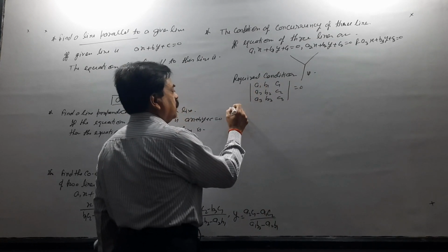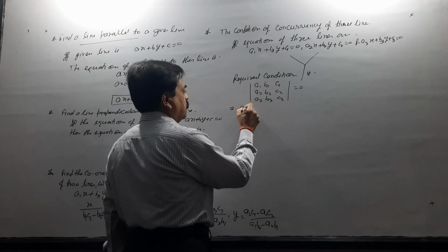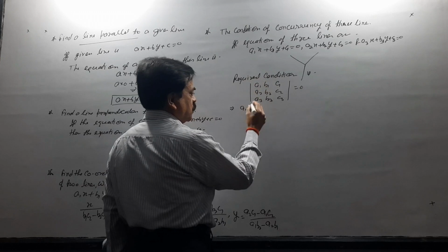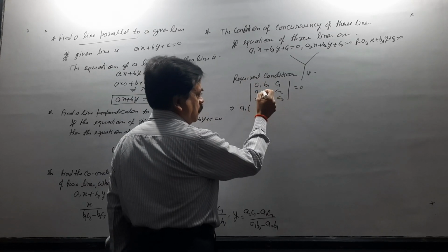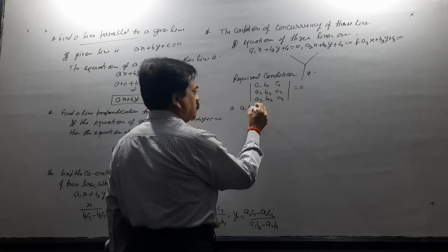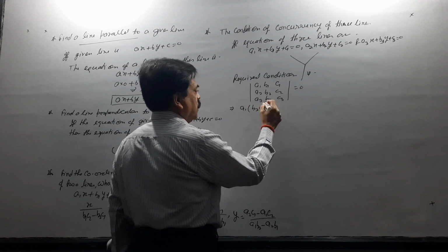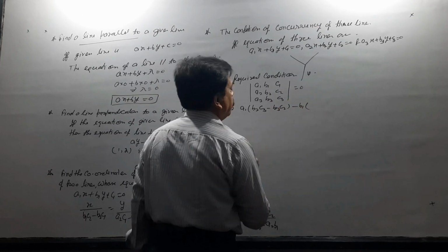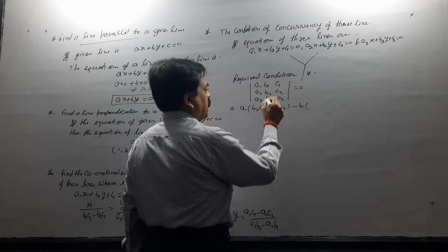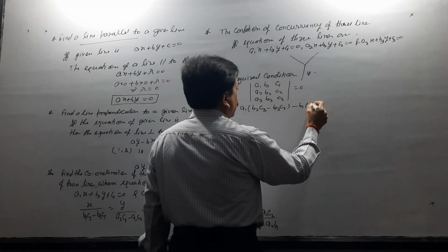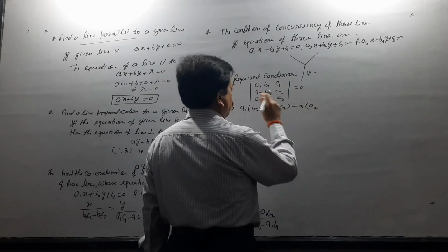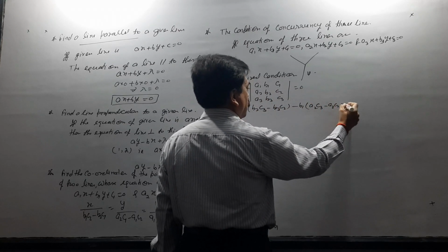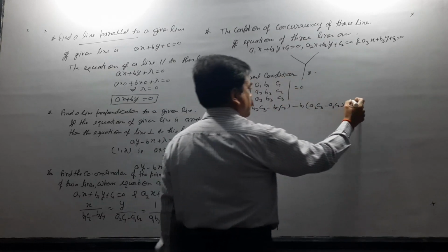This determinant can be expanded in this manner. Take a1 and leave this row and this column passing through this point and take cross multiplication of b2 c3 minus b3 c2 and then minus b1. Leave this row and this column passing through this point b1 and cross multiplication of a2 c3 minus a3 c2 plus c1.